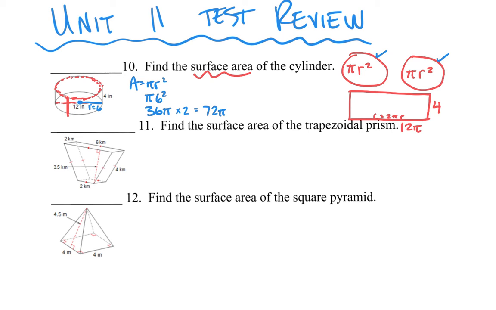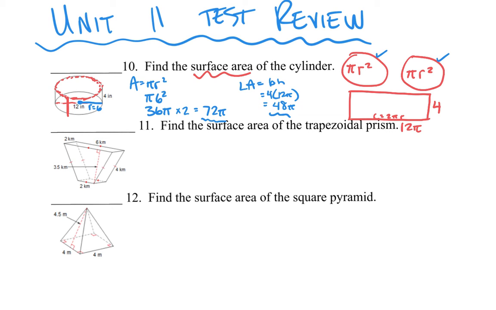All right, so the area of the bases would be 72 pi, and then the lateral area would be this rectangle here. So the area of a rectangle is base times height. So I'll do 4 times 12 pi. All right, 48 pi. So we've got our lateral area and we've got the area of our two circular bases.